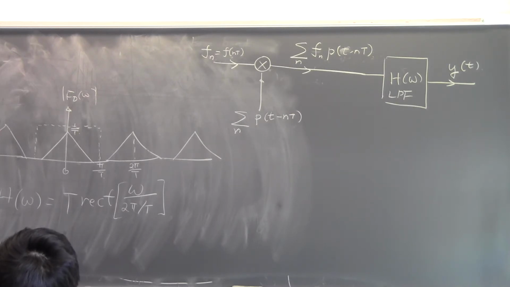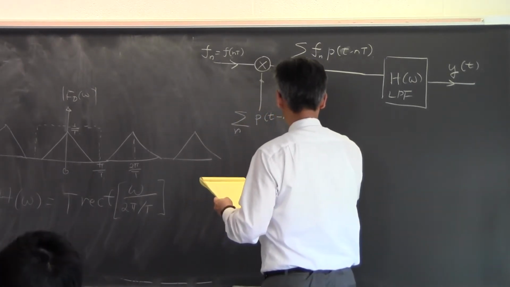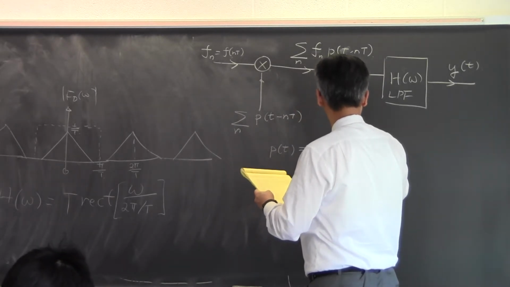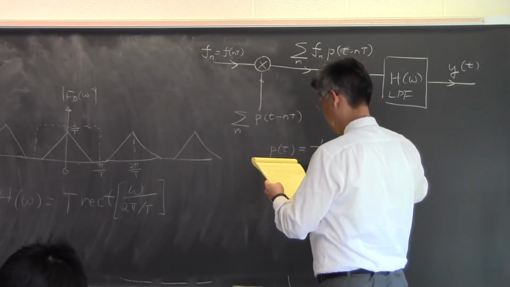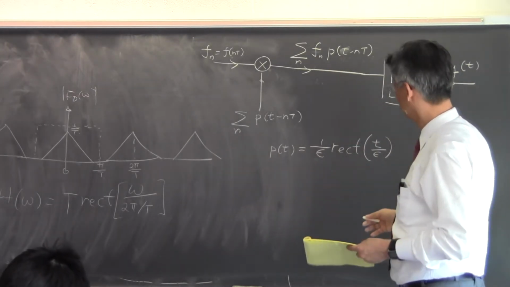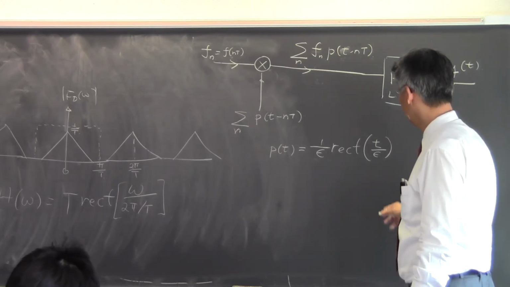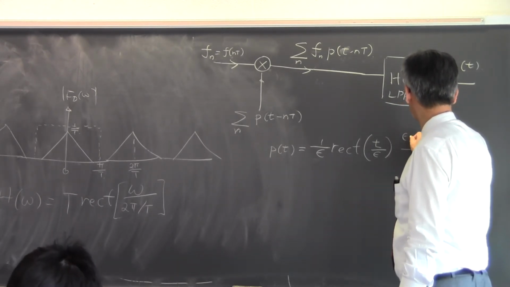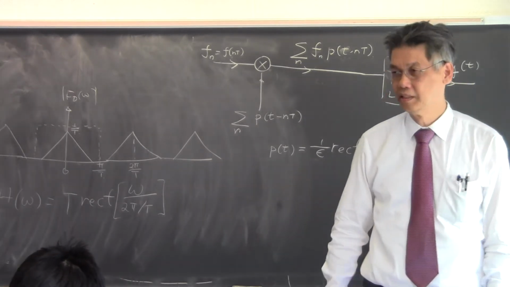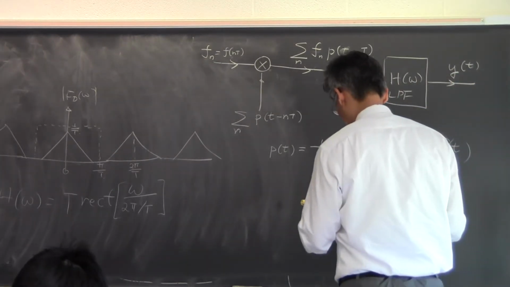And your p of t might not be the ideal delta function, but it can be a simple rect function. It can be this function instead of the ideal delta function. In the limit when epsilon goes to 0, you get back the delta function, but we don't have to construct an ideal function in real practice, so this impulse function would just look like this.